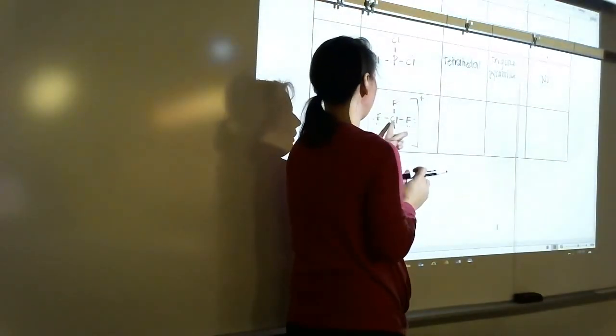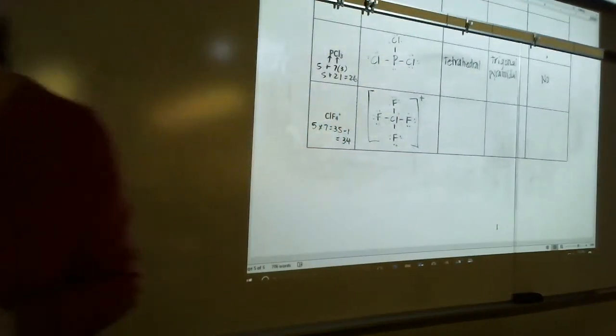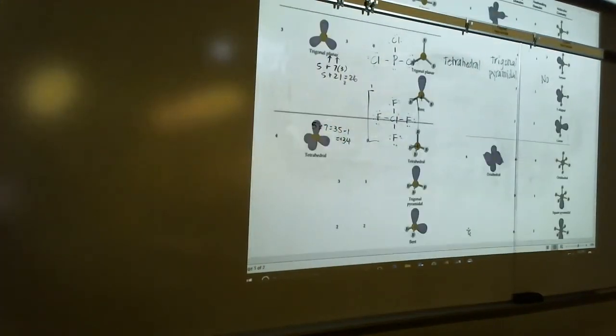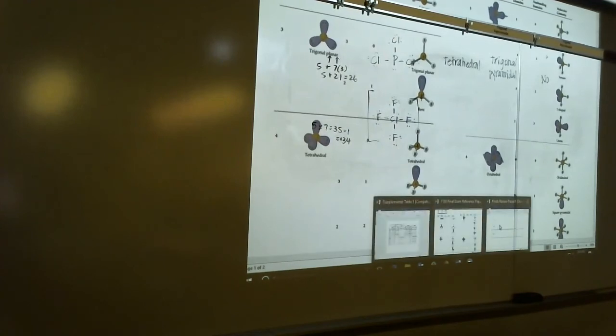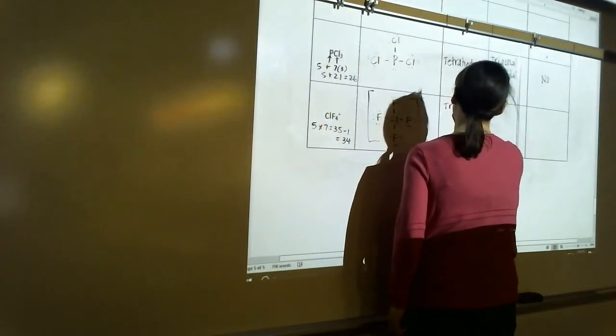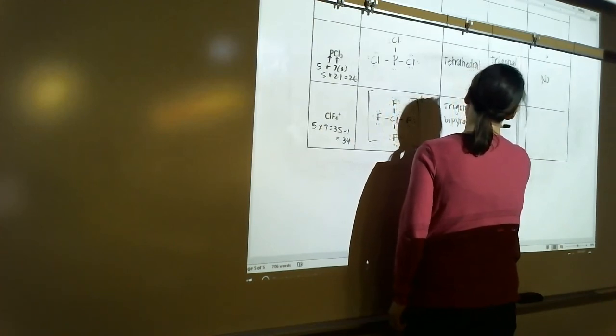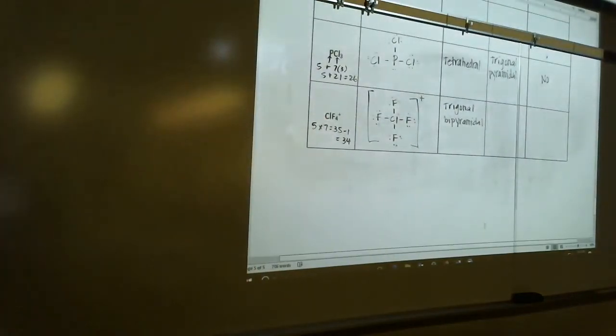Okay, central atom's got 1, 2, 3, 4, 5 things on it. So looking at our handout, that corresponds to trigonal bipyramidal. And is there a lone pair that we have to look at?